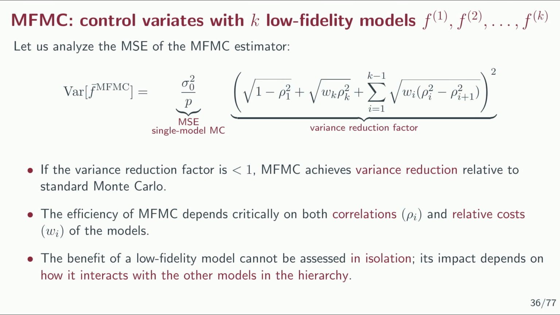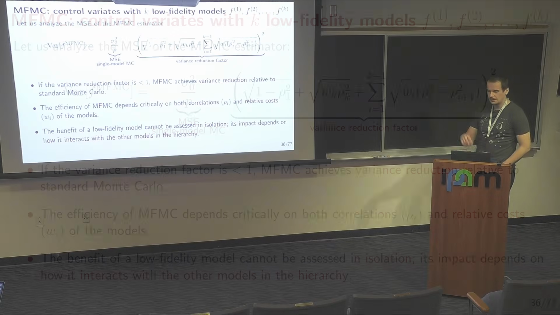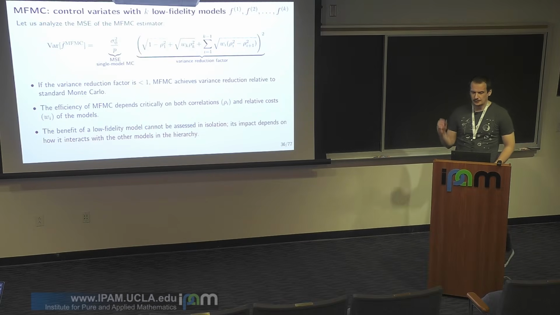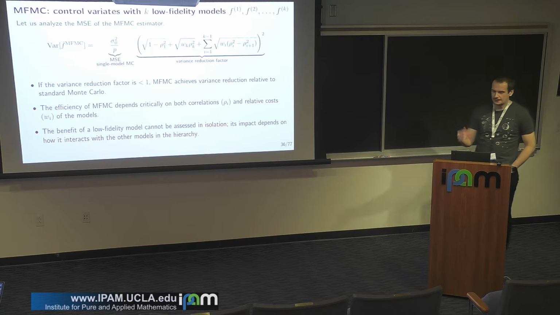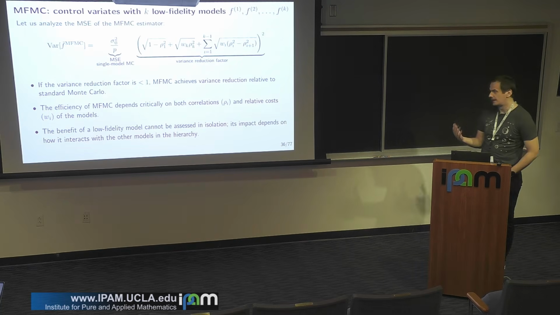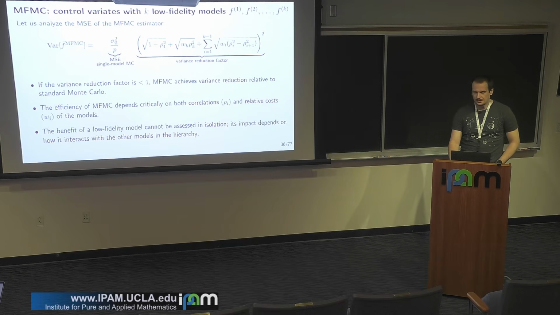These two quantities are the most important quantities that identify low fidelity models in multi-fidelity Monte Carlo settings. And then we said that this expression has some meaning. It also indicates that low fidelity models should not be assessed in isolation, but rather their impact is directly measured in the way they interact with the other models in the hierarchy.